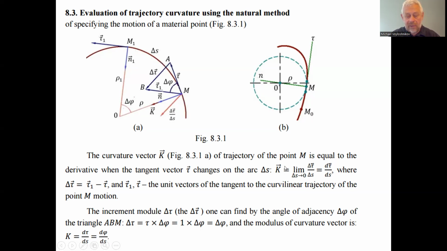So the vector of the curvature we defined by the derivative by the scalar variable, and tau is a vector, so the direction of the result of the differentiation coincides with the delta tau vector direction.